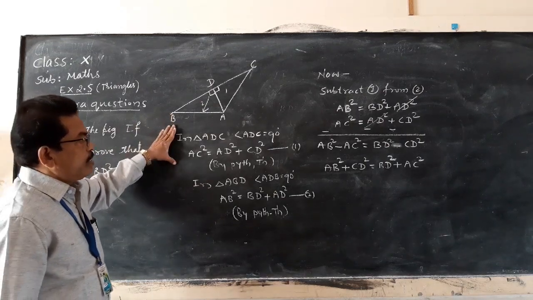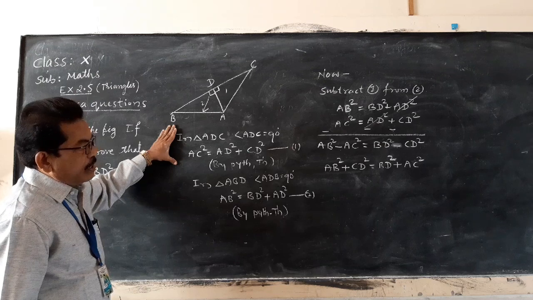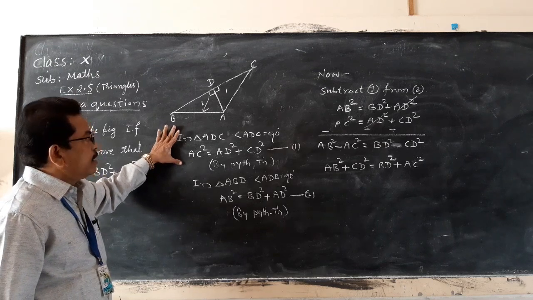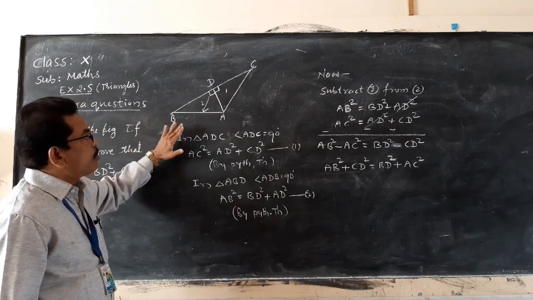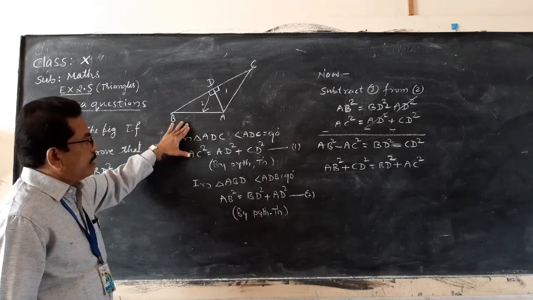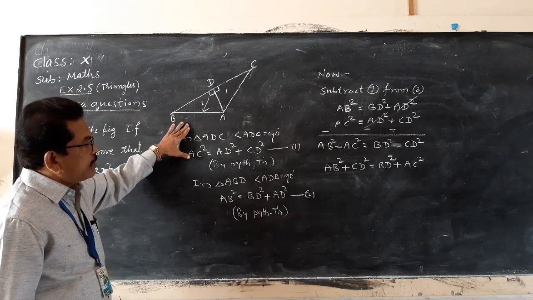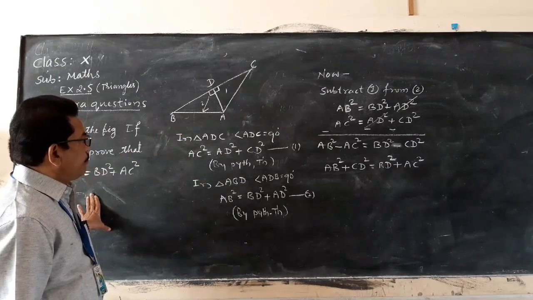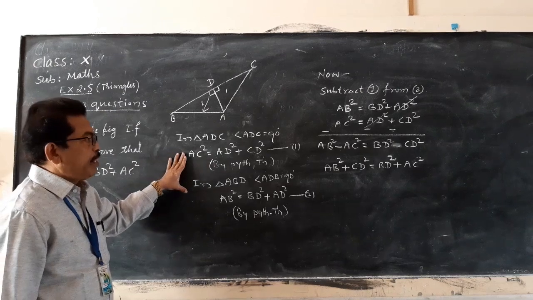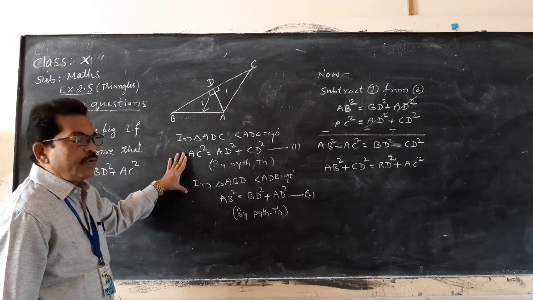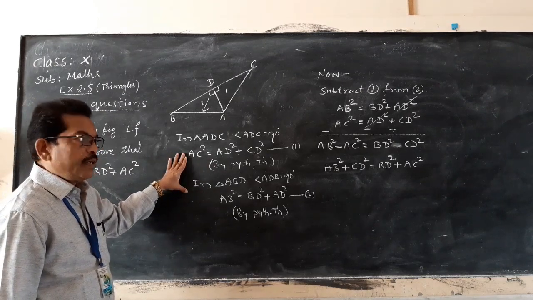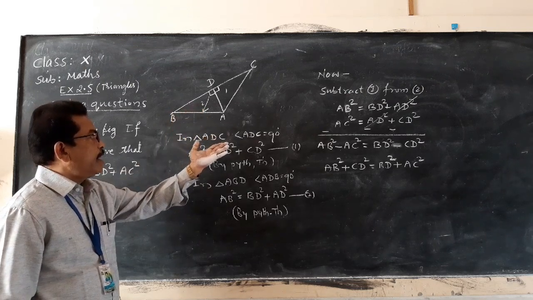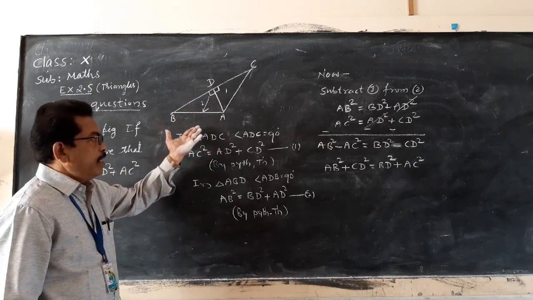This question is very important, related to this triangle. It carries 2 marks, so you have to solve it neatly and perfectly to get the result. Now observe the method of solution. First we considered triangle ADC, then ABD.